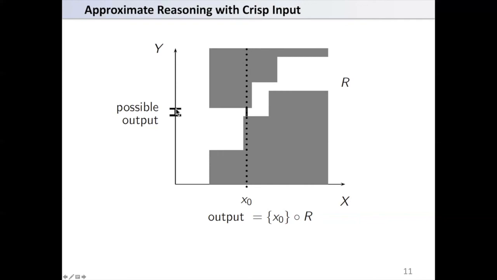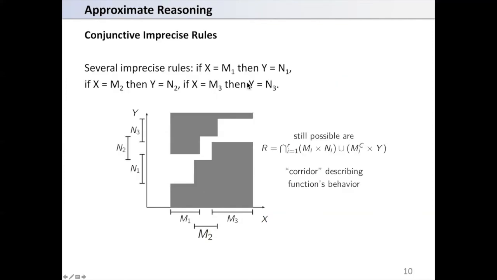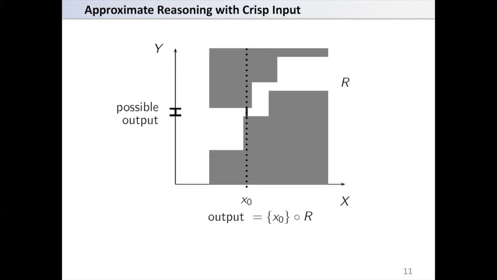So this is the possible output region. Here the sets M1 and N1 are crisp, that is, membership value is 1. However, we will consider also fuzzy membership.